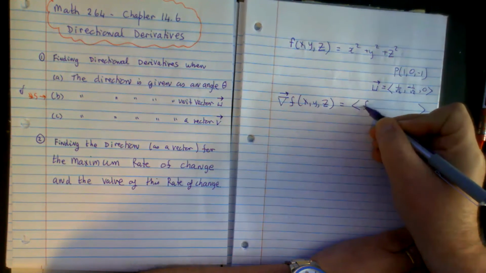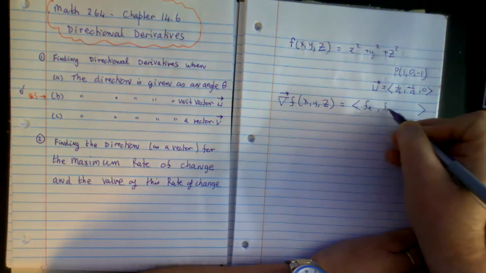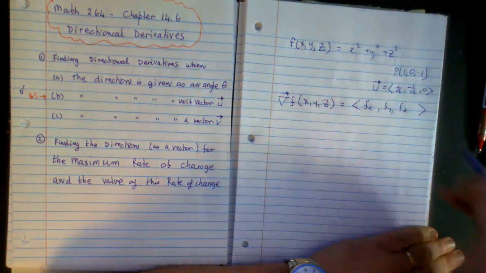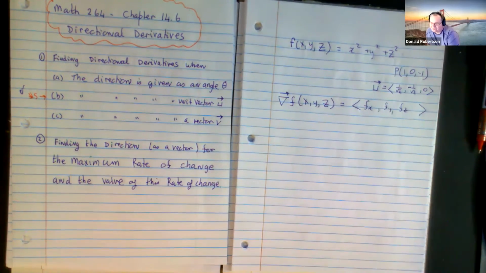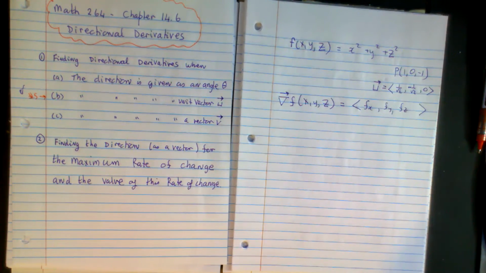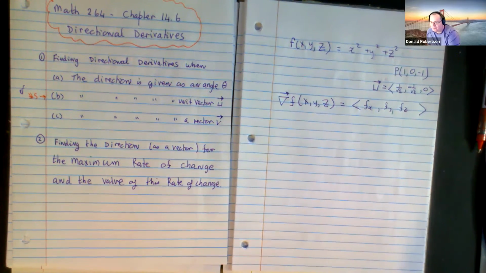F of x, then f of y, then f of z. Or z even, yes. Isn't it nice that the string theory people like us, because an 11-dimensional gradient vector is no more difficult than a 3-dimensional or a 2-dimensional one, right?